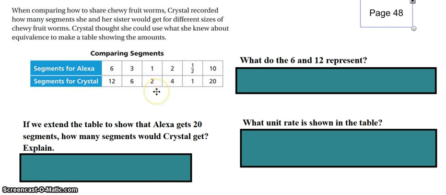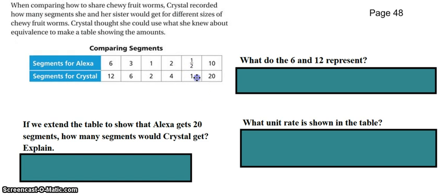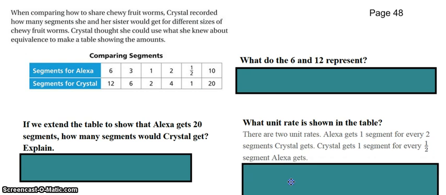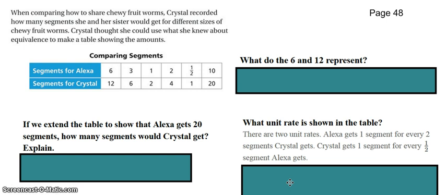The unit rate for Crystal is different. For every 1 that Crystal gets, Alexa gets 1/2. So there's 2 unit rates in this table. Alexa gets 1 segment for every 2 segments Crystal gets, and Crystal gets 1 segment for every 1/2 segment that Alexa gets.